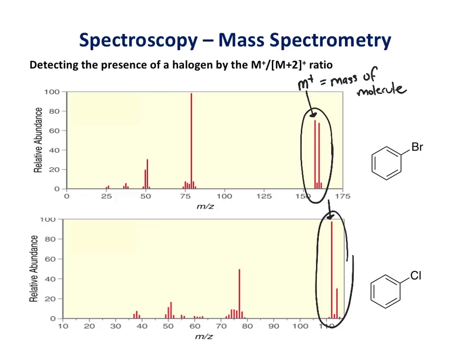Obviously the bromine on a ring is going to have a higher mass than the chlorine, so you can easily differentiate those just by mass. But also, really important for halogens is the second peak. It's 2 mass units up from M+. It's M+2.